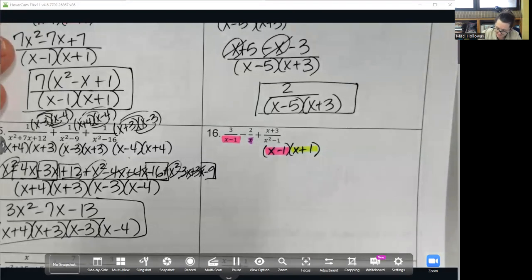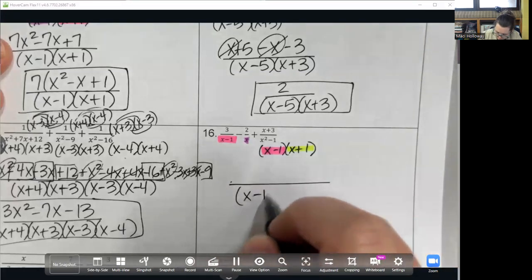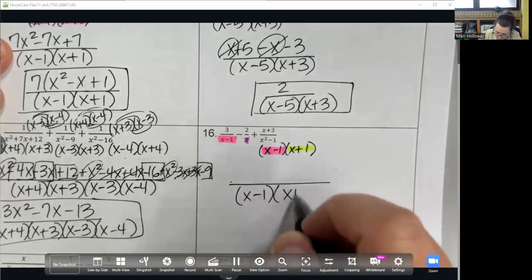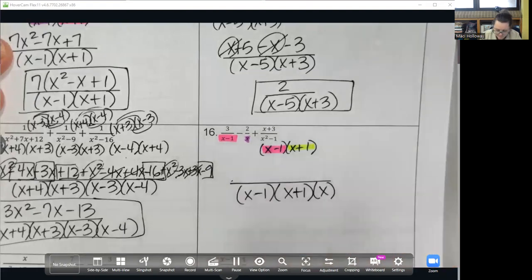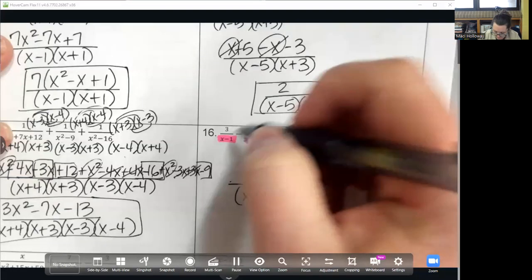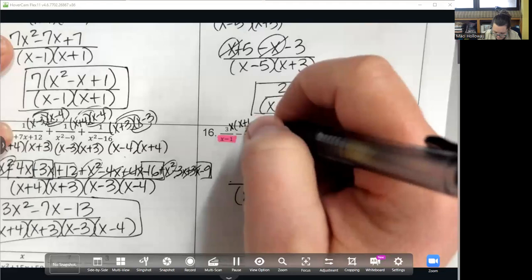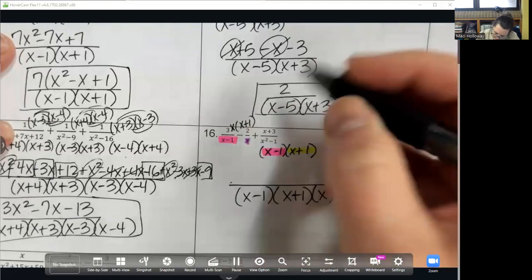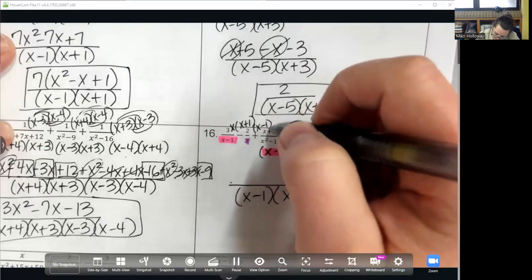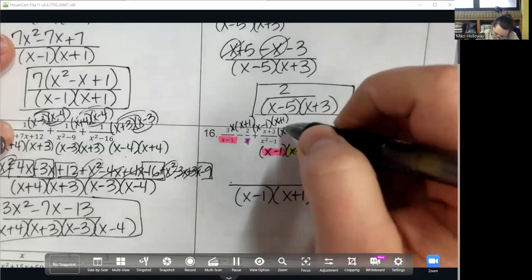So in our common denominator, we need all three colors. We need x minus 1, we need x plus 1, and we need x, okay? So let's see, what does my first term need? It needs an x and it needs an x plus 1. My middle term needs both x minus 1, x plus 1. And my last term needs an x.